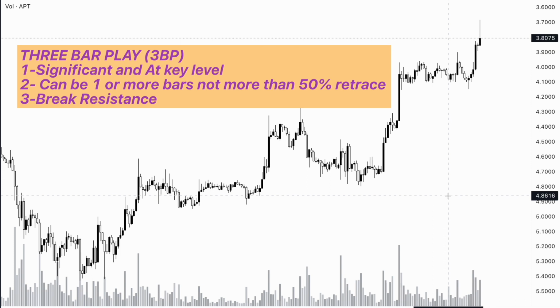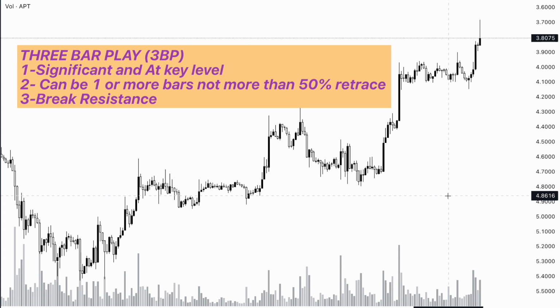And I think there's any number of ways to play it. I think if you look at a lot of 3-bar plays on a 4-hour, it'll look like a cup and handle on a 30-minute chart. And that's because it's the exact same concept, right? It doesn't matter what the pattern necessarily looks like in fine detail.